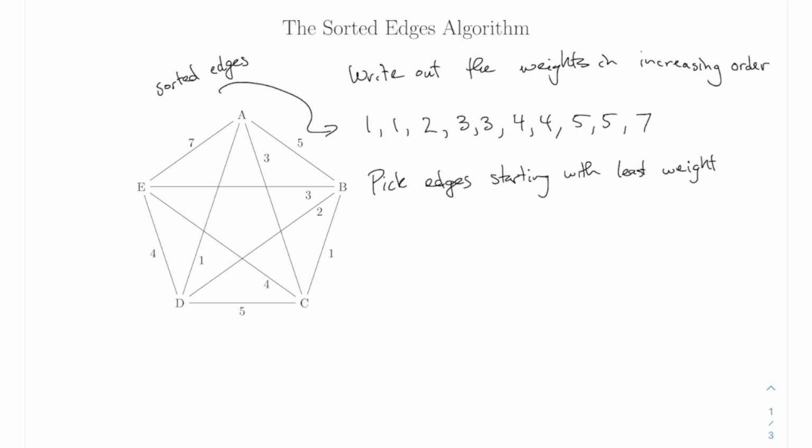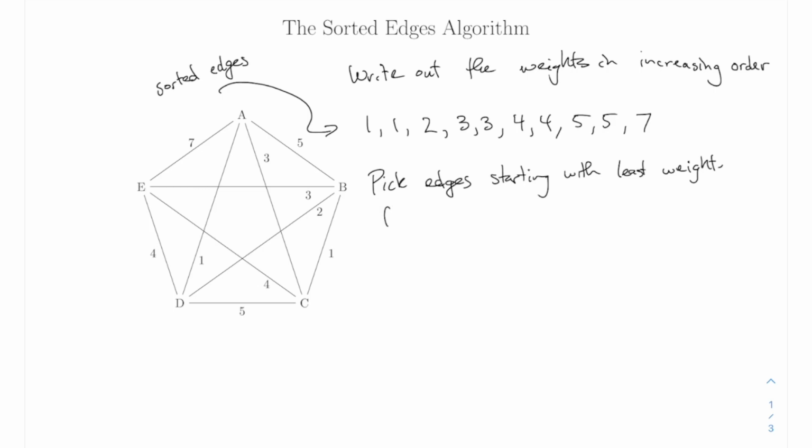So rather than choosing a starting point and going from there, which is what you do in the nearest neighbor, you just look at the whole list at once and you say, all right, I definitely want this one. I definitely want this other one. And as best as you can, you try to pick the ones that are the cheapest overall. And then see if they will actually assemble themselves into a circuit. That's the idea here. So you're going to pick edges starting with the least weight.